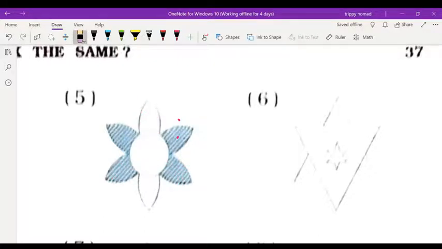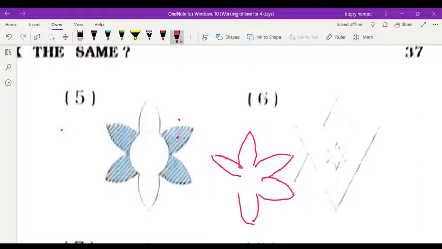How will you get the figure? Okay, children, so this part will become shaded, this will be shaded, and here this one shaded, this one also shaded.